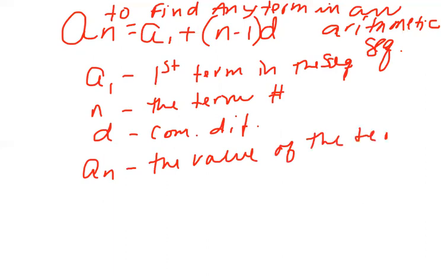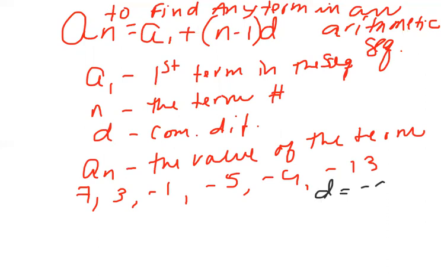Going back to the sequence, which was 7, 3, -1, -5, -9, -13, we figured out the common difference is -4. Now, 7 represents your first term, and since they want us to find the 20th term, N would be equal to 20.